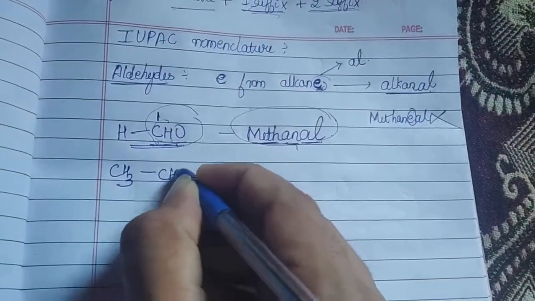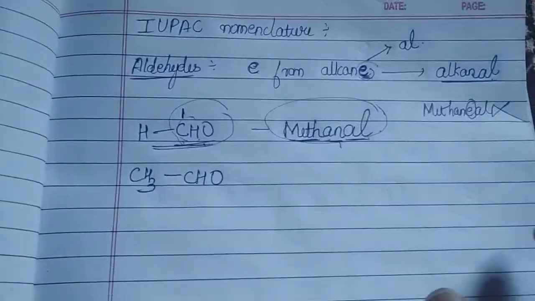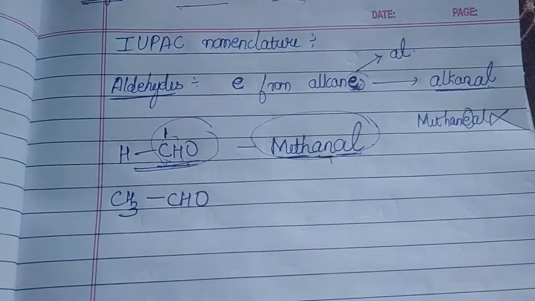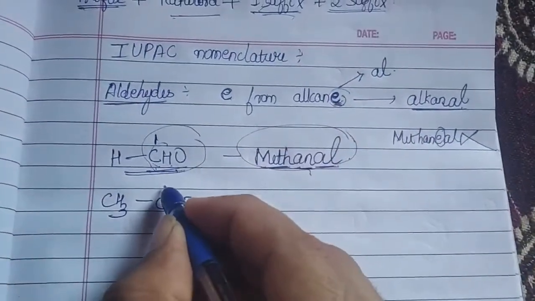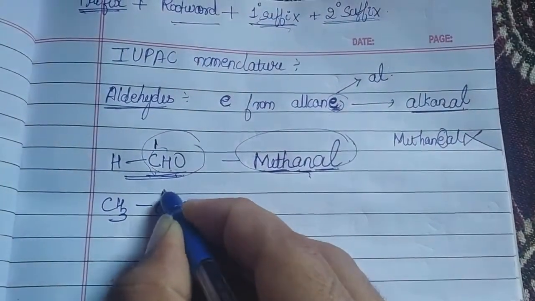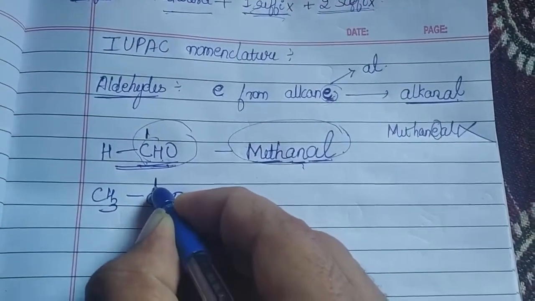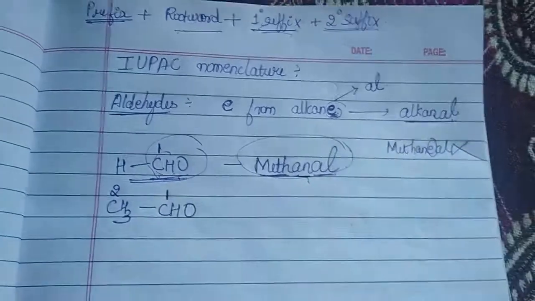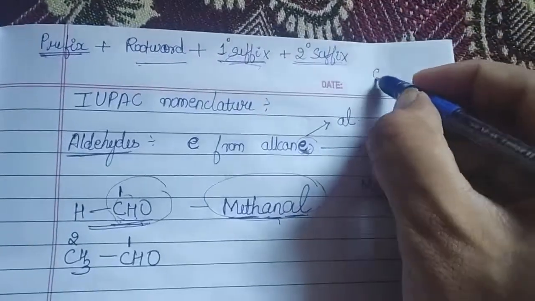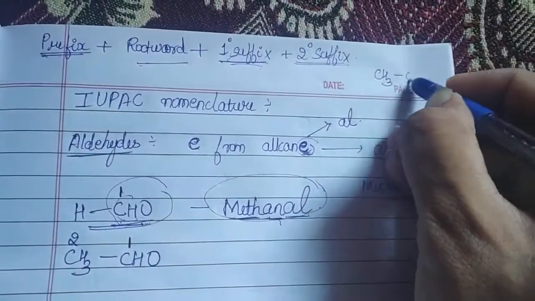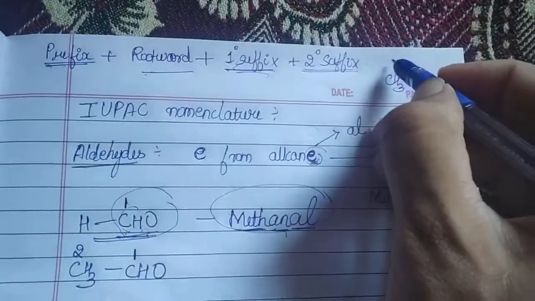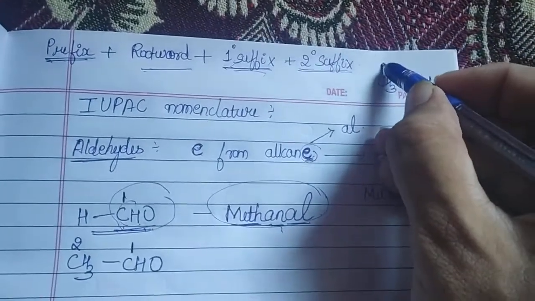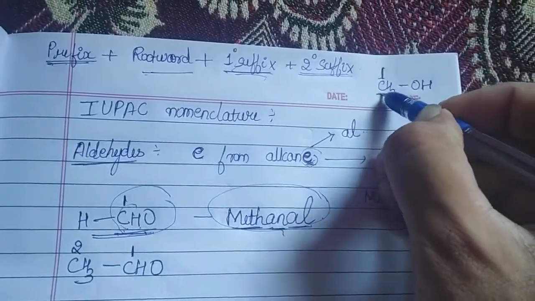Okay, now let us take one more example: CH3CHO. From where are you going to number? Of course, the functional group should get the least possible number. Do remember, it is very important, and there is a slight difference from alcohols. In case I had an alcohol, I would number on this carbon. Why? Because numbering is always done on the carbon atom.